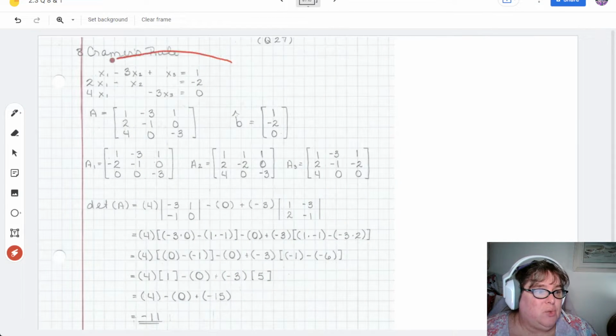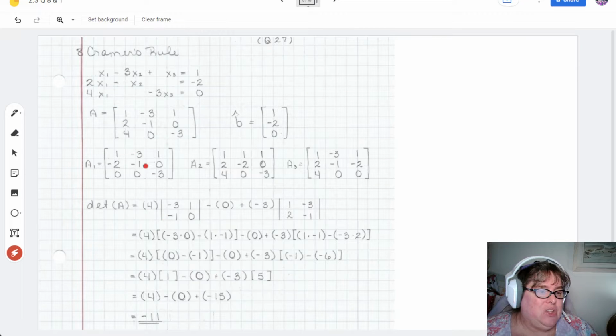So using Cramer's rule, here is our formula, and we have set up our matrix A and our solution. I'll come back and explain these in a second. So we've discovered the determinant as we showed before. I chose on this problem to use the third row, so I ended up with 4, -0, and a -3, which is a positive -3 based on the checkerboard array.